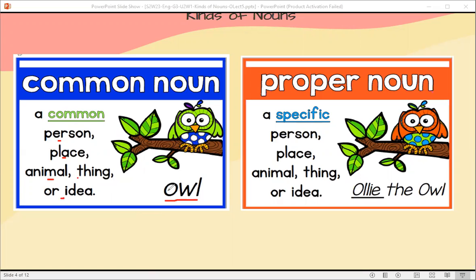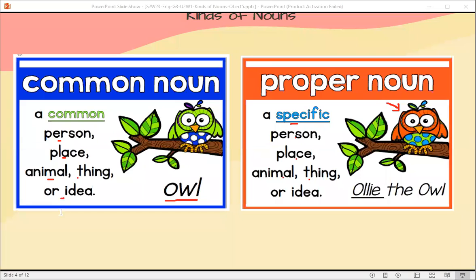It can be any owl. Whereas the proper noun names a specific person, place, animal, thing, or idea. For example, here I say Ollie the owl. So now I'm talking specifically about Ollie, not any owl.